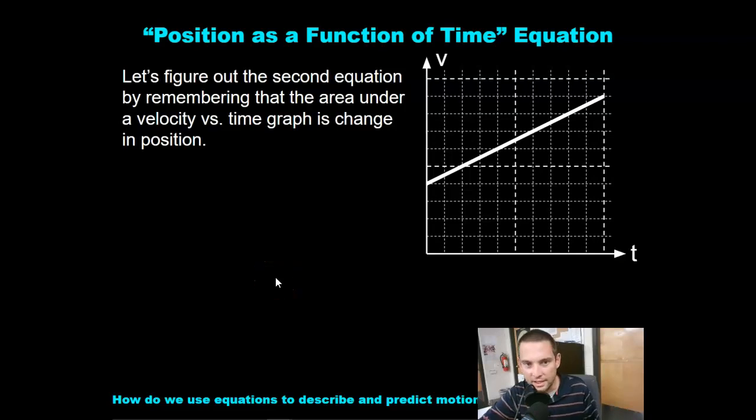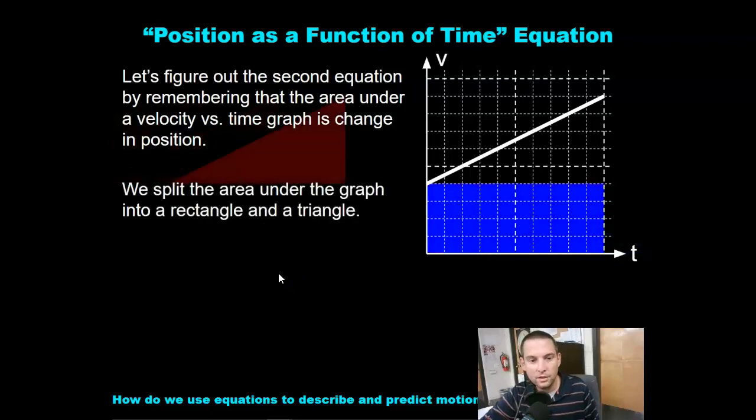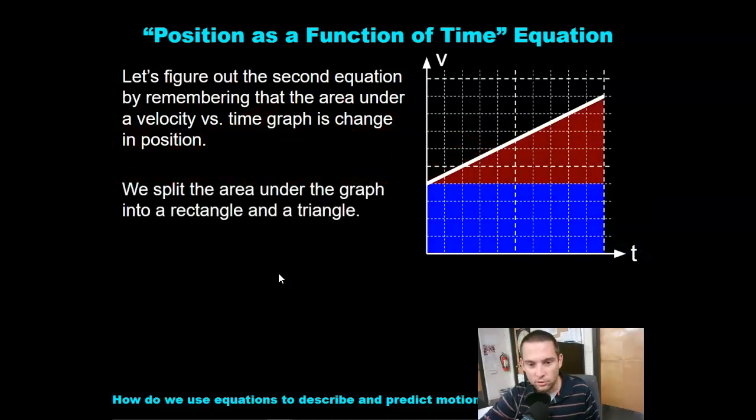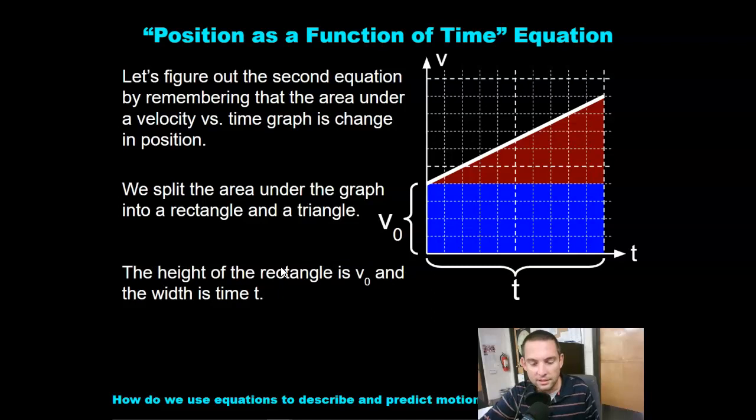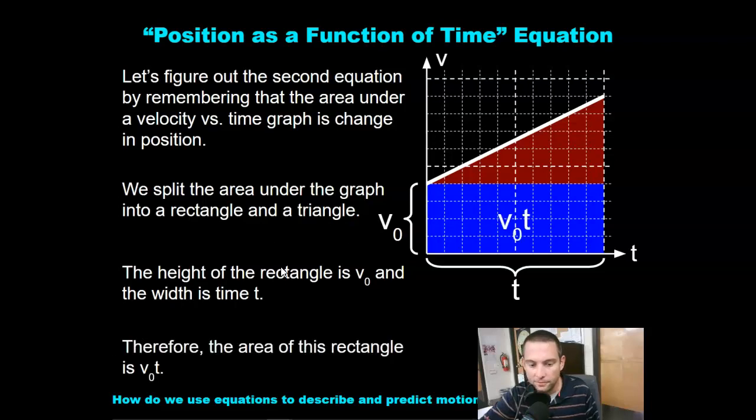We can figure out the second equation by remembering that the area under a velocity versus time graph is change in position. We split the area under the graph into a rectangle and triangle because I know how to get the areas for those shapes. The height of the rectangle is v naught and the width is time. Therefore, this area of the rectangle is v naught times t, right?